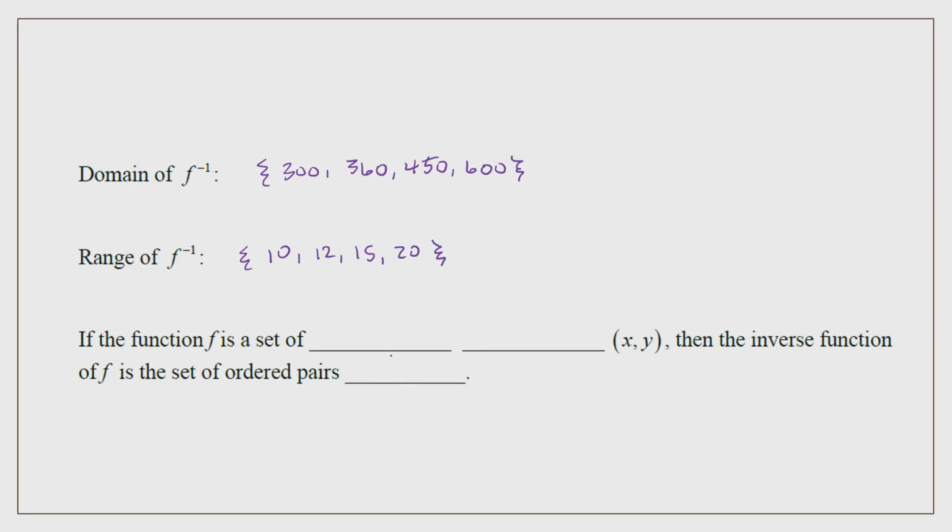So if the function f is a set of ordered pairs in the form x, y, then the inverse function of f is the set of ordered pairs y, x. So you're just flipping the domain and the range.